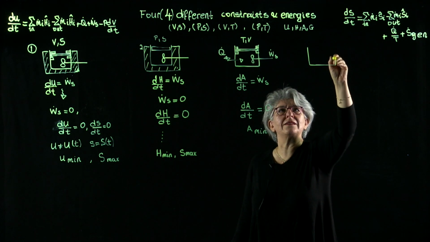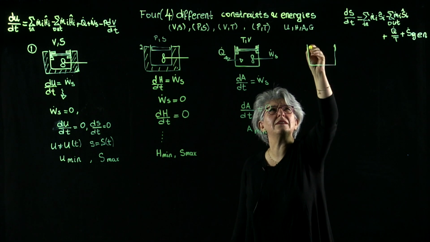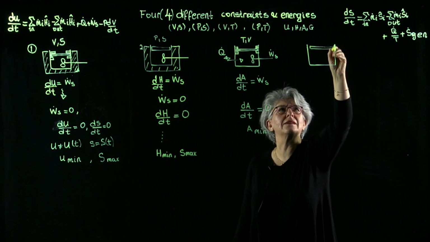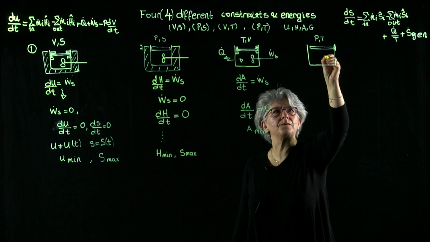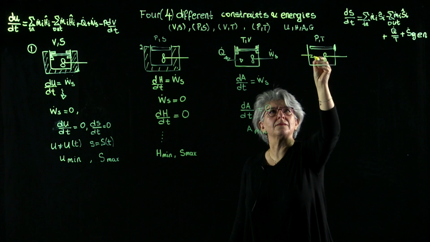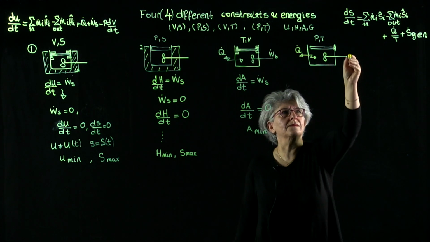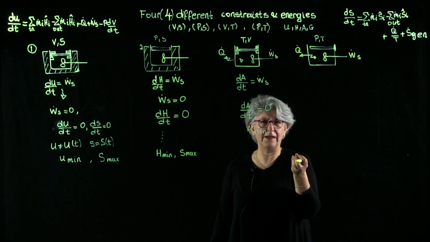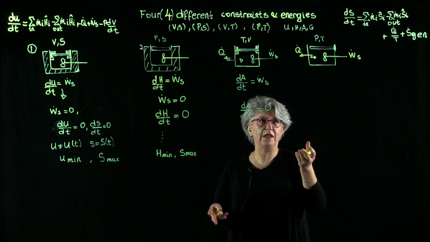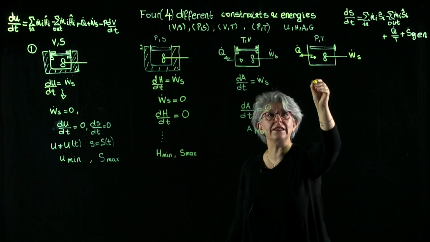The final system had a pressure and temperature constraint. We lift the external forces. We remove the external interactions, which are the shaft work and heat exchange.